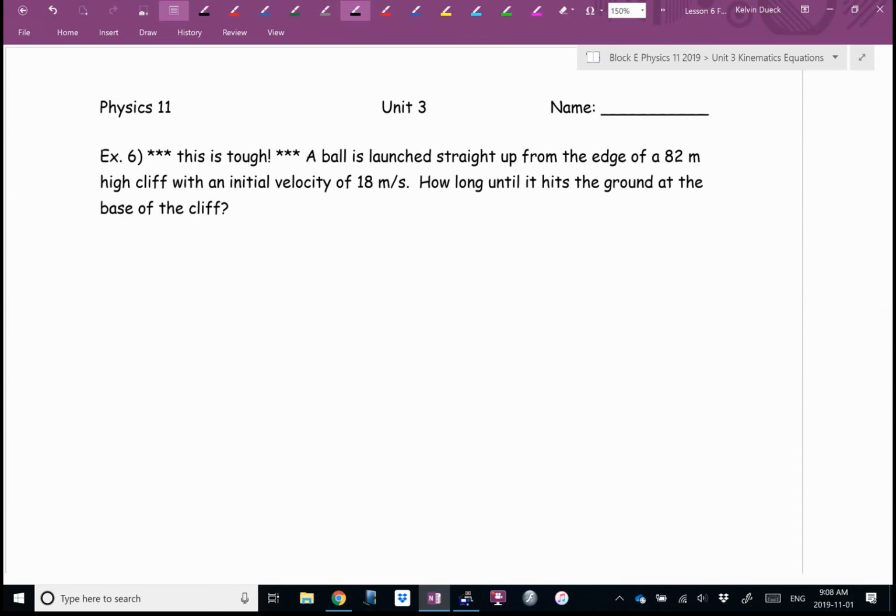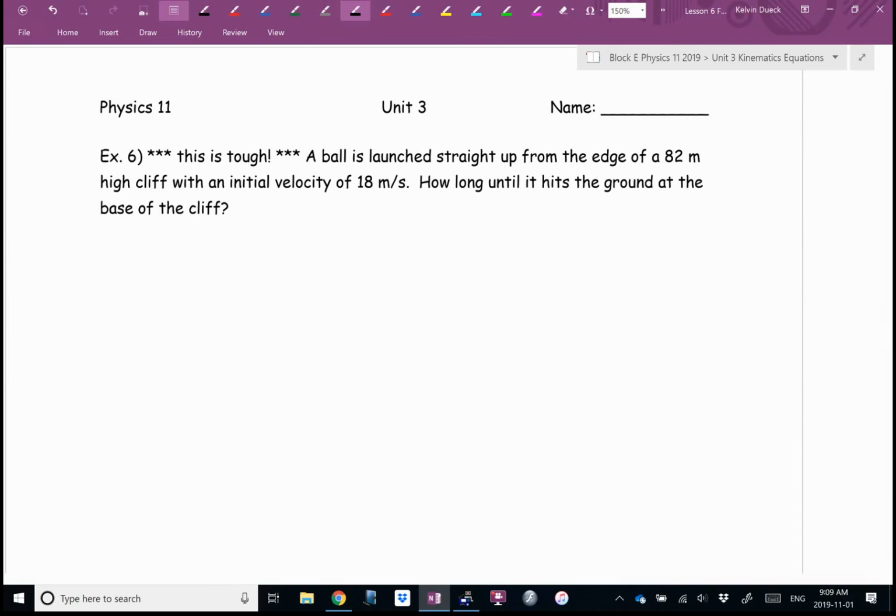It says this: balls launched straight up from the edge of a cliff, 82-meter high cliff, with an initial velocity of 18 meters per second. How long until it hits the ground at the base of the cliff? Taylor, what's this question asking me to find? Okay. This question here is important because it's going to clarify a lot of the questions many of you have been asking me about all the homework we've been doing. So yeah, pick that up and bring your focus back. Absolutely.